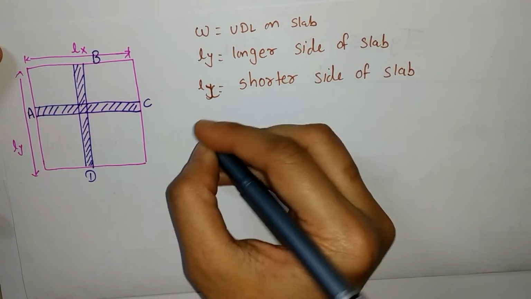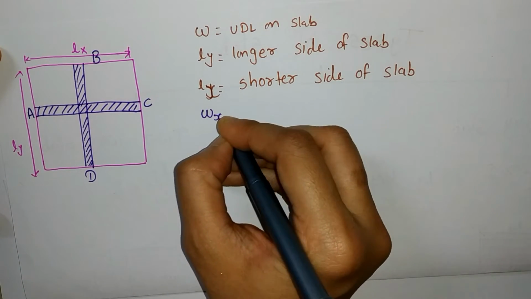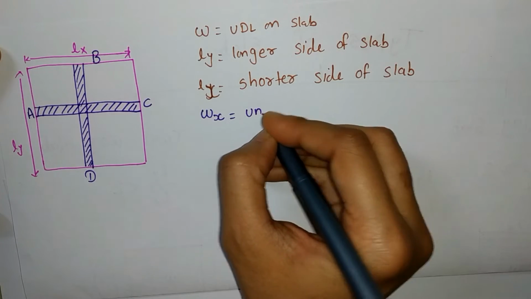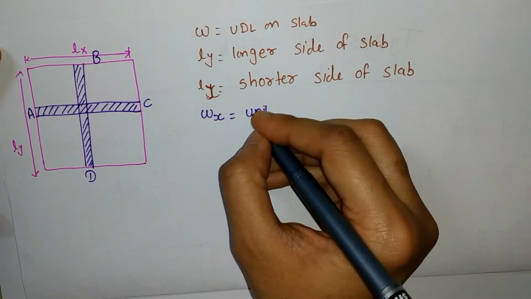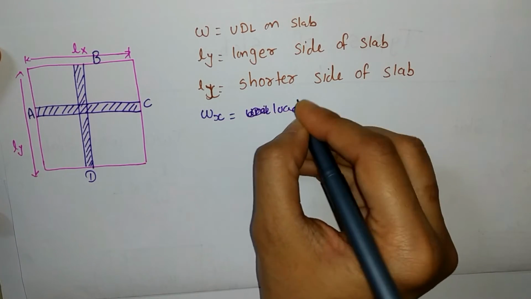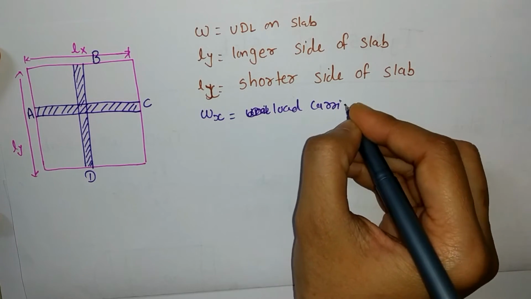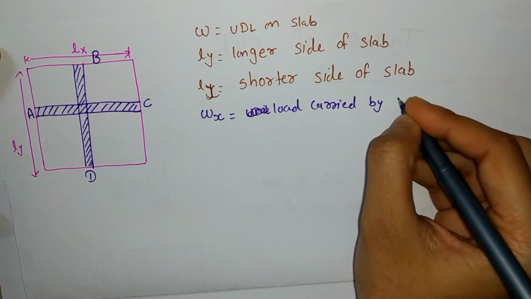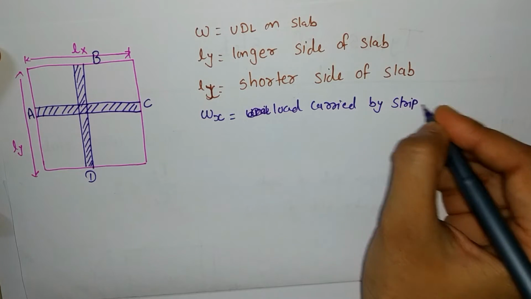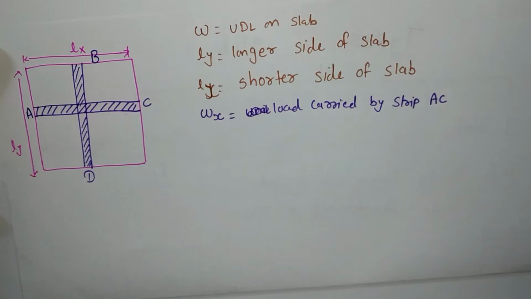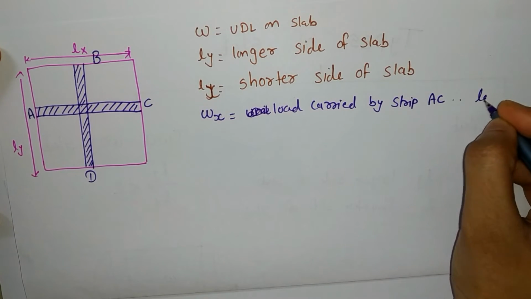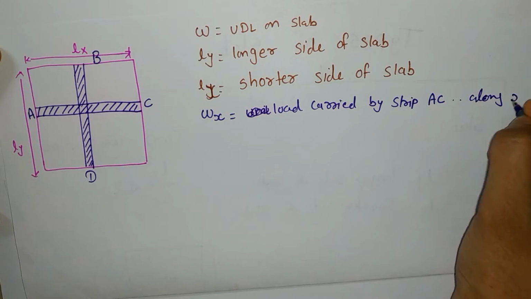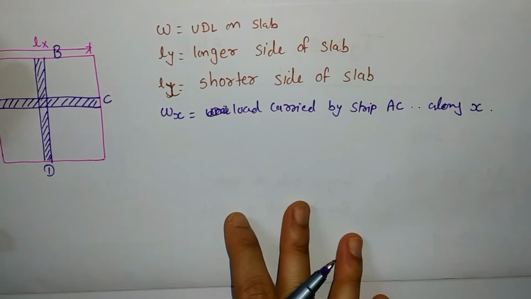Okay, now as per this, my Wx will be the load carried by strip AC, as in along the X direction.